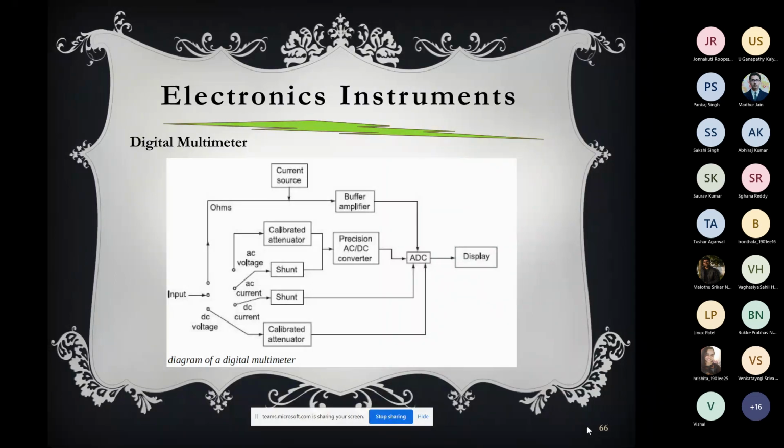Generally, in previous days, like 4 or 5 years back, in the control instrumentation lab, I used to give a small project. For example, you design a circuit so that you can measure the frequency, or you design a circuit so that you can measure the voltage. You design a circuit so that you can measure the current, like that. But then I see that the students are not taking any interest at all.